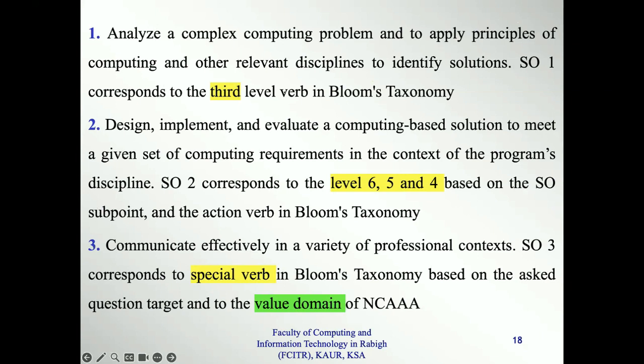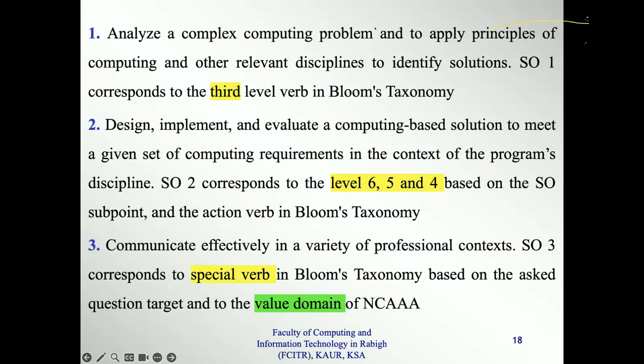Okay, analyze the complex computing problem to apply computing and other relevant discipline. Okay. Oh, no. Did you see my mouse now?